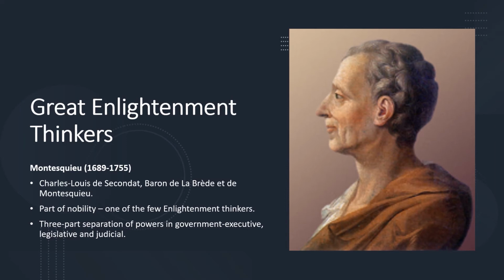Instead, we separate the power between at least three different groups, each with checks and balances on the other. That way, any one group can't become corrupt. Or if they do become corrupt, the other two groups will have a check on their power. So under Montesquieu's conception, we would have an executive, a legislative, and a judicial.